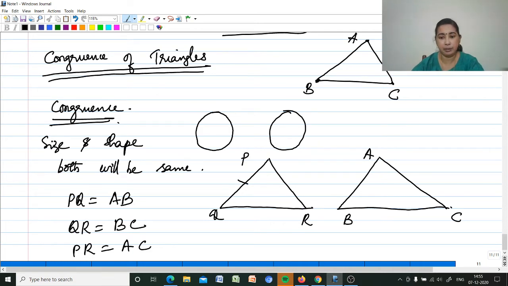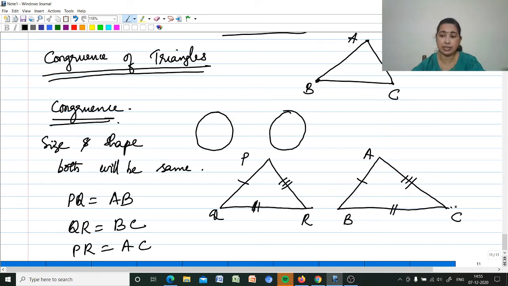So given that PQ is equal to AB, the length of QR is the same as BC and that of PR is the same as AC. In this case, we can say that these two triangles are congruent triangles, because if I am keeping this triangle on top of the other triangle, it will be same itself, both will be congruent.